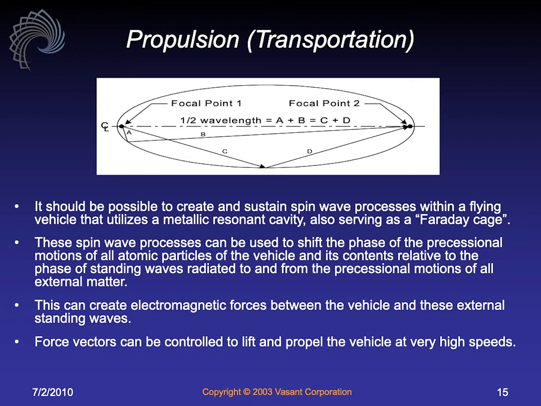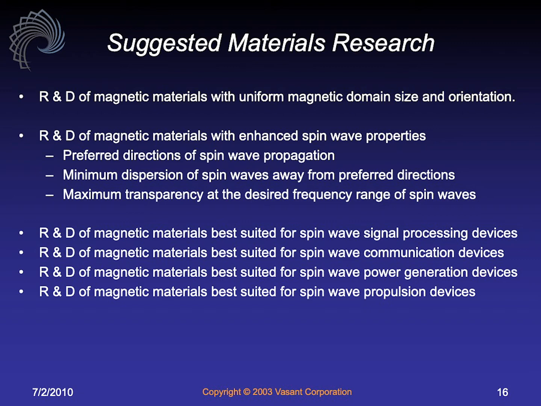Either you can shift phase, and if you've got 180 degrees out of phase, it causes a push instead of a pull, or you can shift to a totally different frequency, in which case you don't feel any push or pull from gravity because you're not in sync with it, or 180 out of sync with it anymore. And these are just suggestions I had 8 years ago of what kind of research people could do to study all this further.